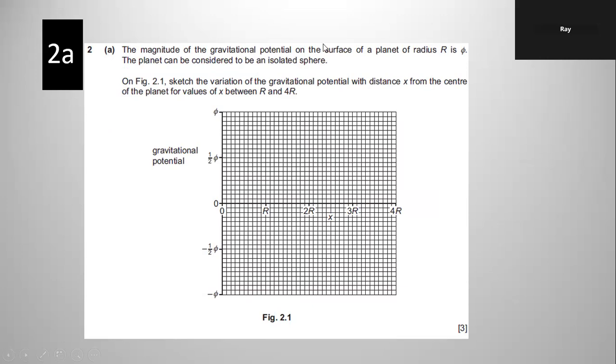The magnitude of gravitational potential on the surface of planet R is 5. The planet can be considered to be an isolated sphere. On figure 2.1, sketch the variation in gravitational potential with distance x from the center of the planet, for values of x between R and 4R.